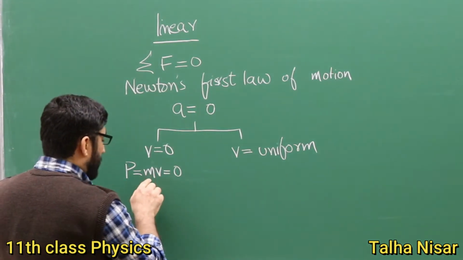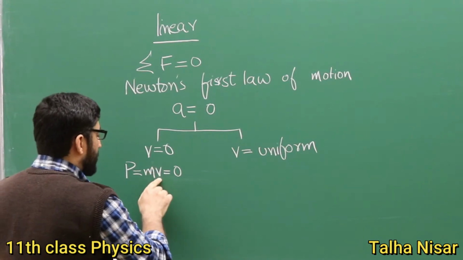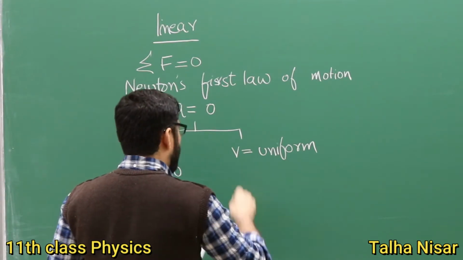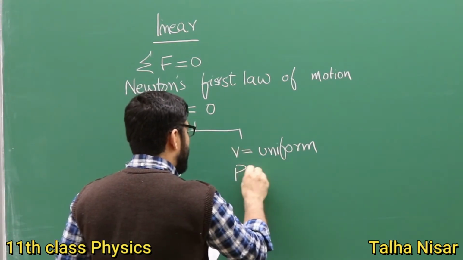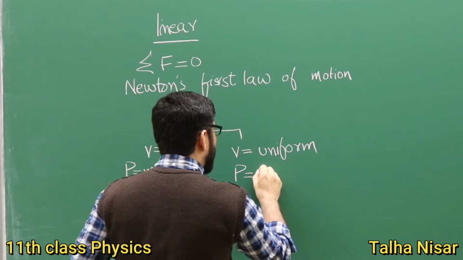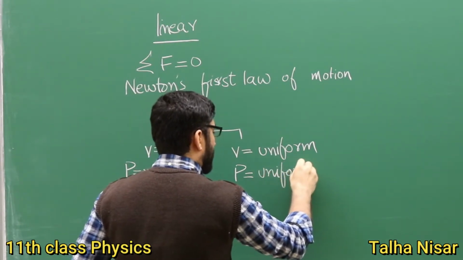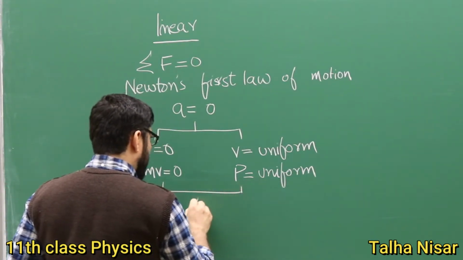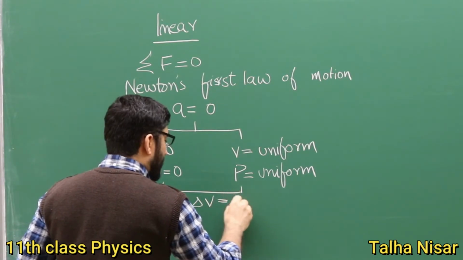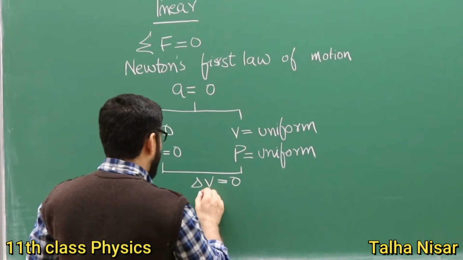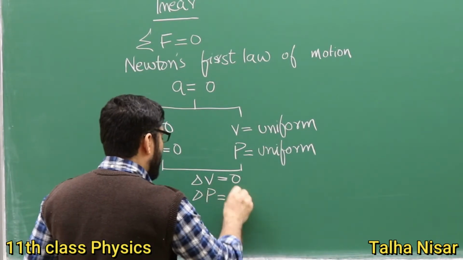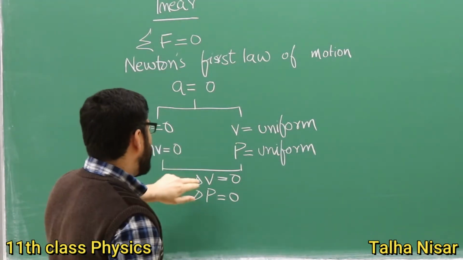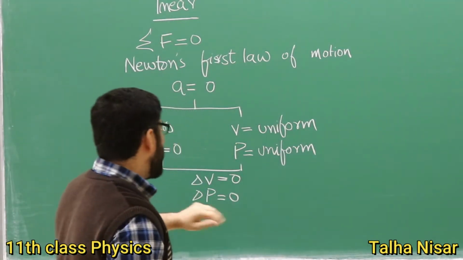So if the velocity is uniform, that means the momentum is also uniform. If the velocity is 0 or uniform, it means the change in velocity is 0 or the change in momentum is 0.